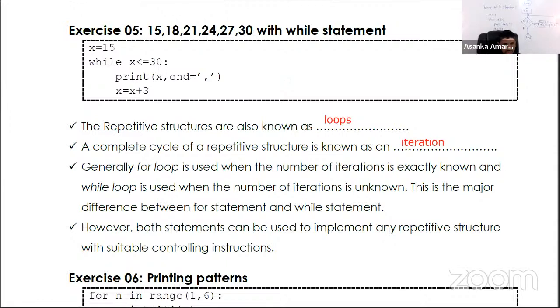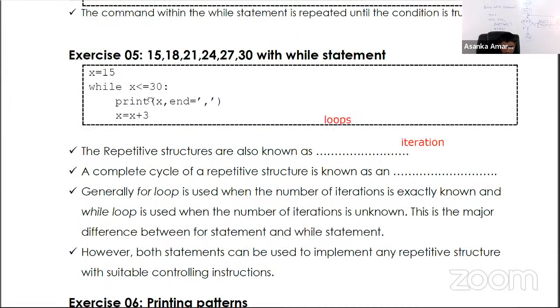The term iteration is an alternative name for cycle. A complete cycle of a repetitive structure is known as an iteration.